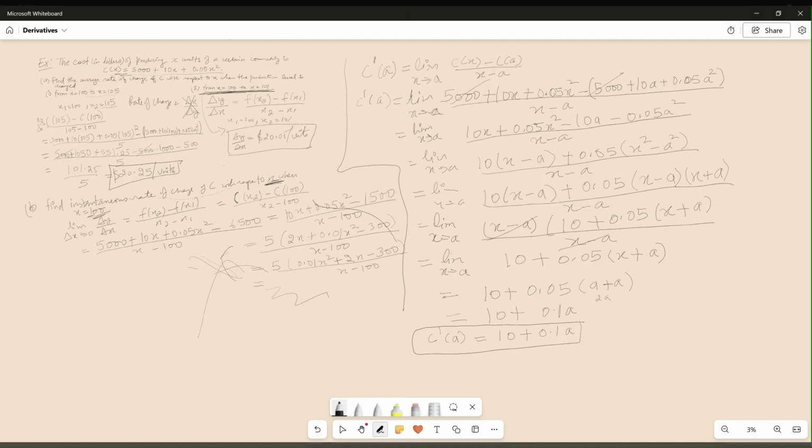So what we can do now is simply plug in the value here, as a approaches 100. 10 plus 0.1 multiplied by 100, and this is equal to 10 plus 10, which is equal to 20. And since we are looking at the production level, this is going to be $20 per unit.